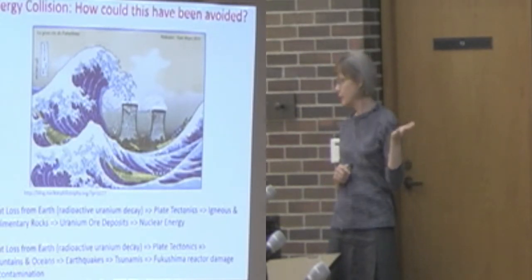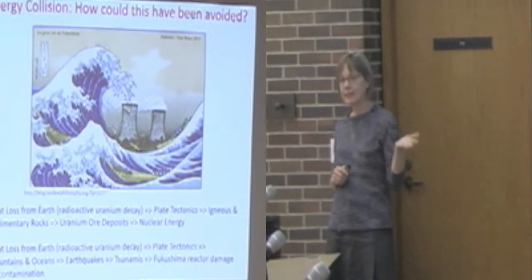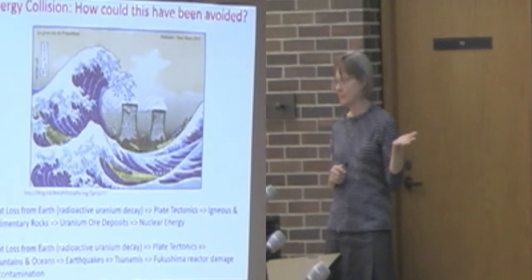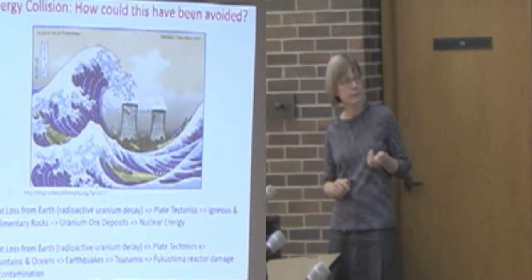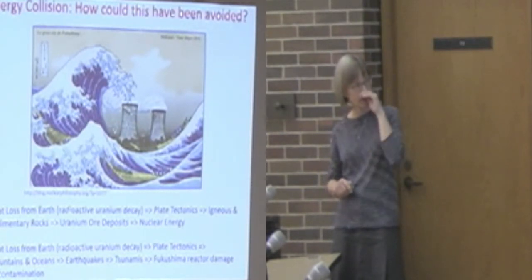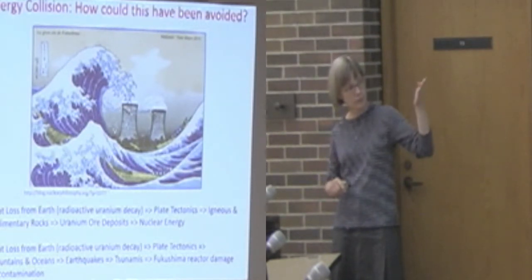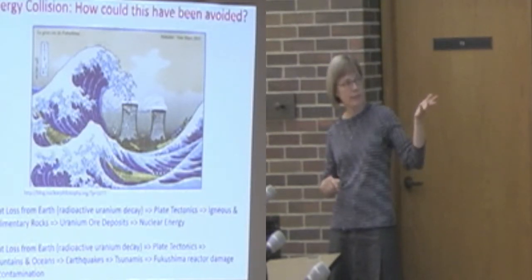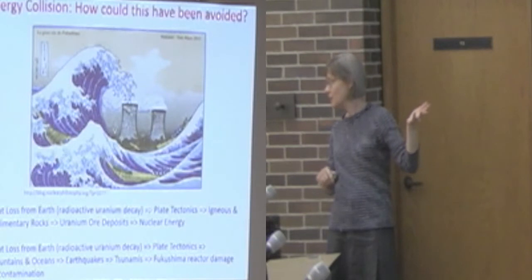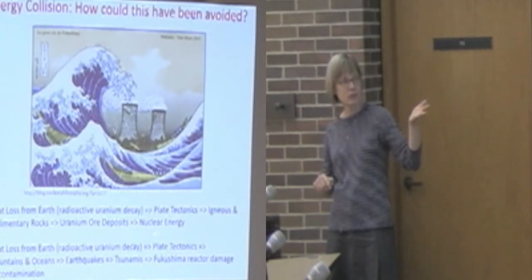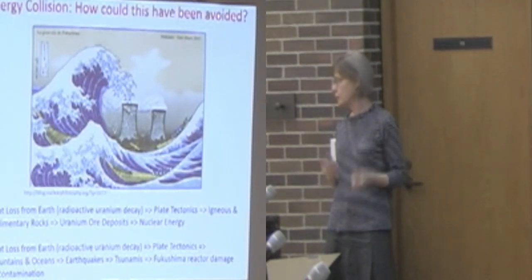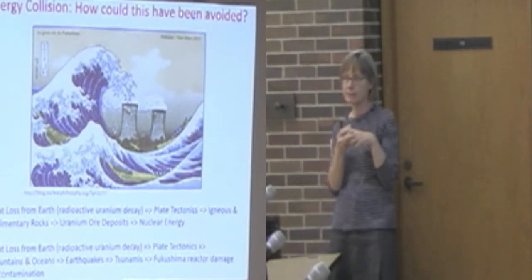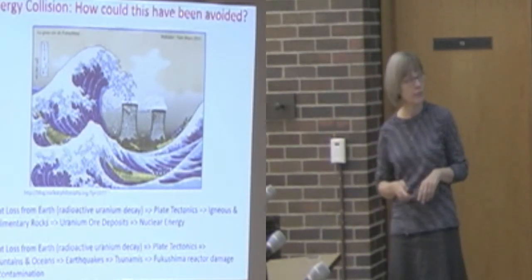We have nuclear energy because of the uranium that's in the ground, which is heating the Earth and causing it to cool off over time, right? The Earth is cooling, but it's the source of heat. That heat has created the plate tectonics and the different rocks and concentrated the uranium in ore deposits, and it's been extracted and concentrated further, with the most radioactive version used for nuclear energy.